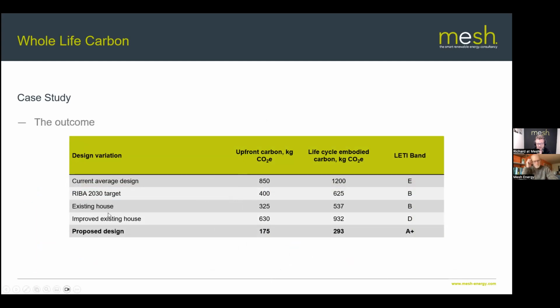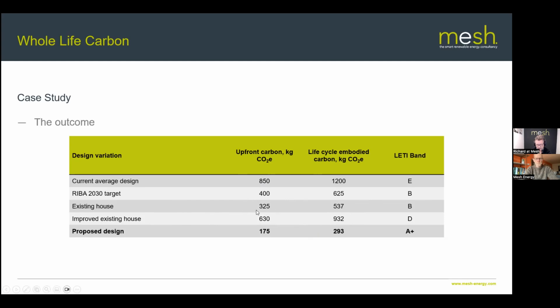So this particular house, these were the upfront and life cycle embodied carbon for the average design and what REBA 2030 sustainable outcomes require. And then how the existing house stood in terms of its use of materials. What would happen if we improved it?